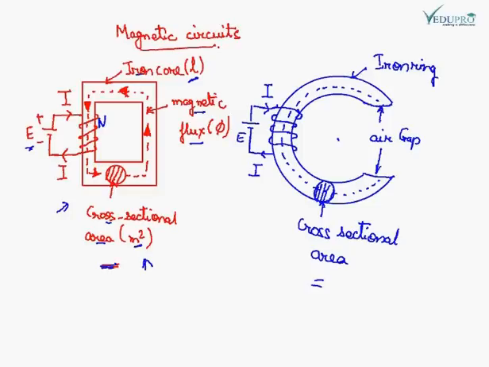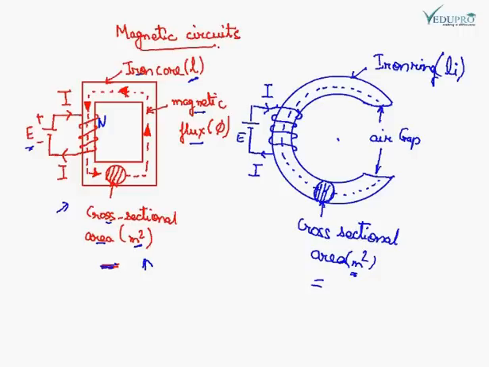The circuit here consists of an iron ring of cross sectional area m square, and the mean length of the iron ring is Li meters.